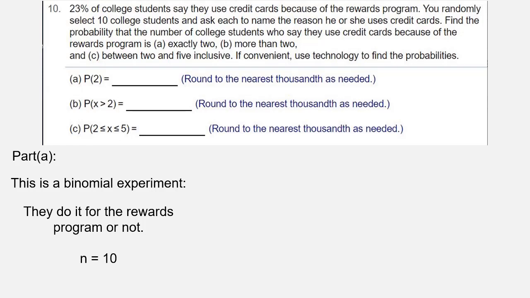N is equal to the number of college students that we selected, which was 10. And p is the probability of finding one that uses the rewards program, which is 0.23.